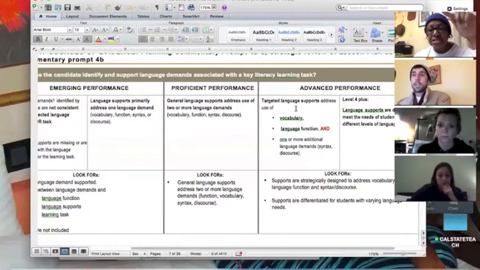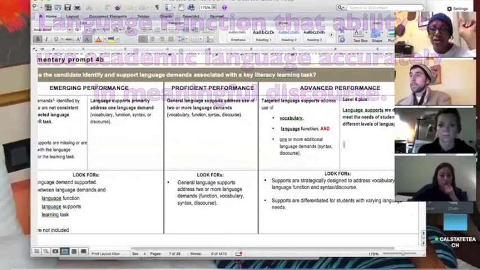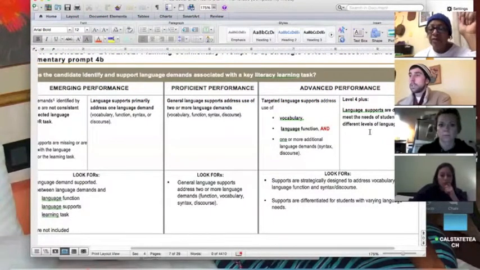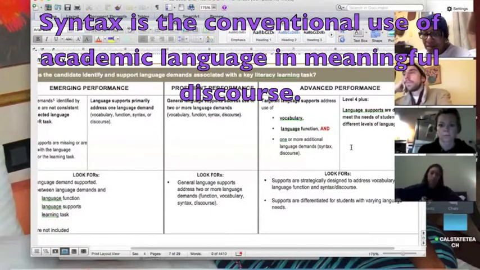If you ask the kids to talk about the vocabulary and the language function in that discourse, you're over here. Then if you ask them to also discuss it using the right syntax, you're over here.